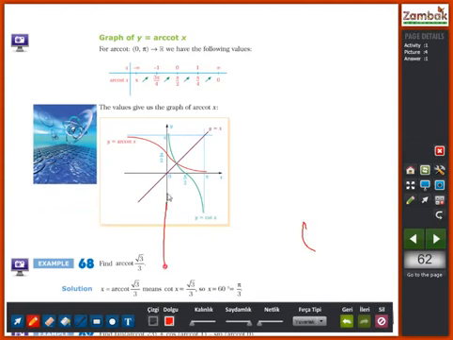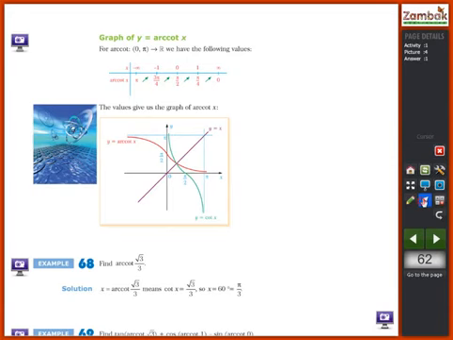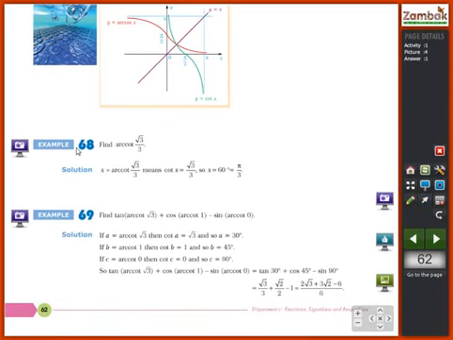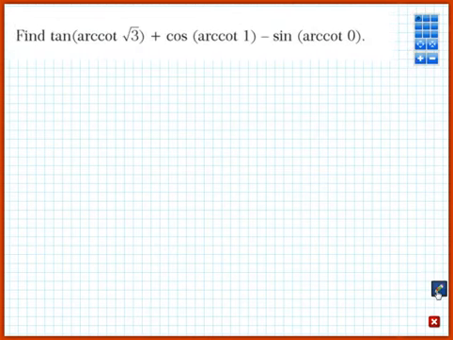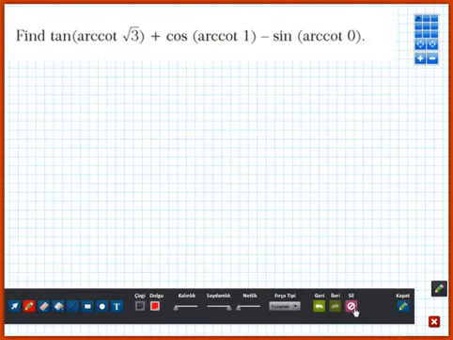Let's solve this one. Look here, we have tangent of arccotangent root 3. This is the question: we have to find the angle between 0 and pi for which cotangent will be equal to root 3, and that angle is 30 degrees, that is pi over 6.